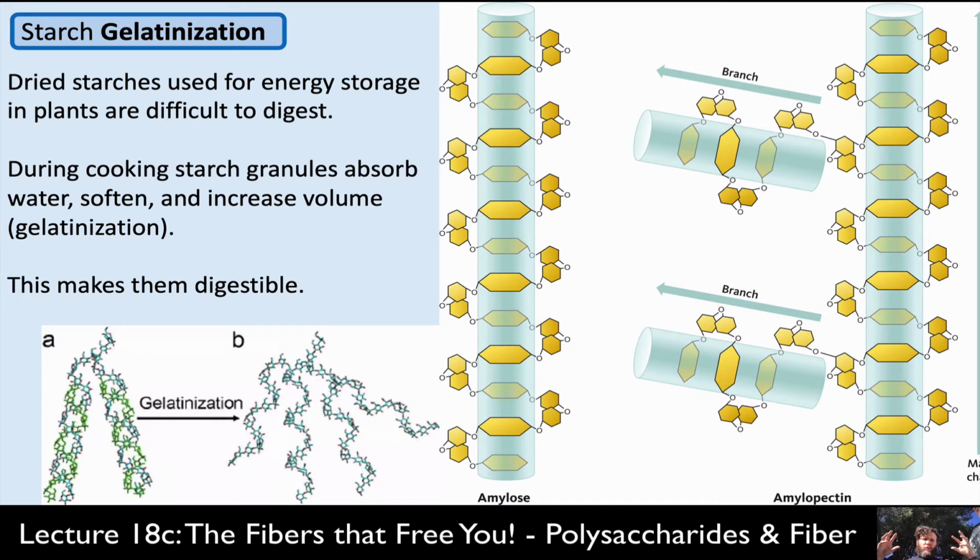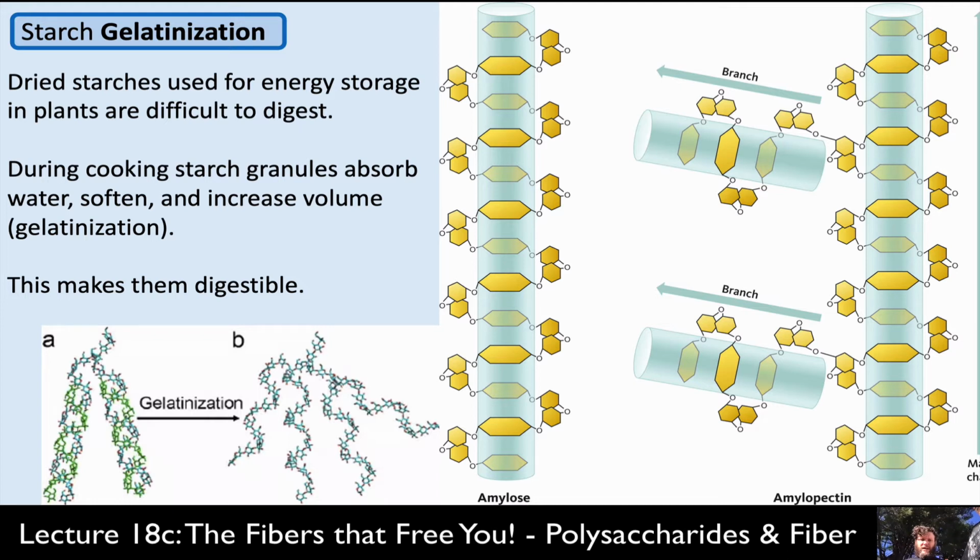Normally when it's dried, the sugar is in this linear chain that forms these coils, and in amylopectin there will be some branches, but it's still a very dense, compacted form, and that's actually pretty hard for your body to digest.